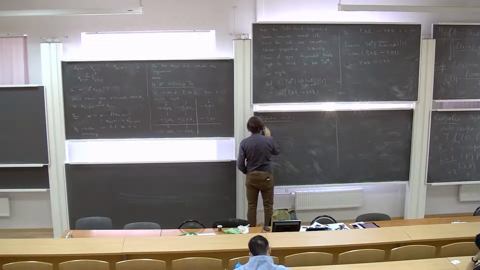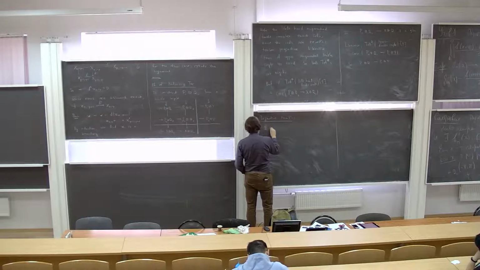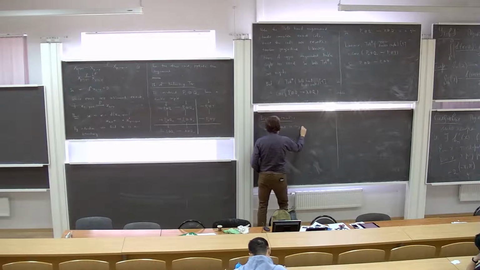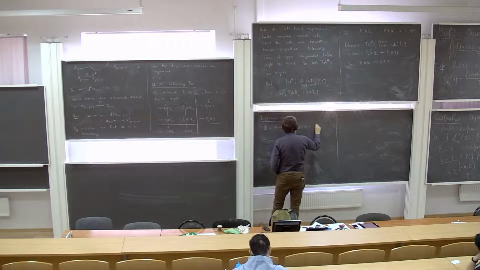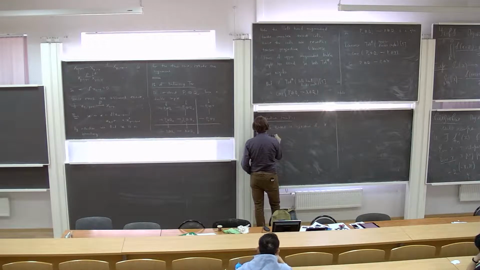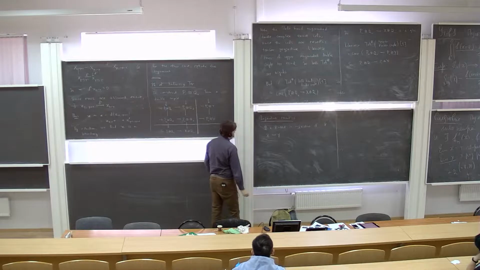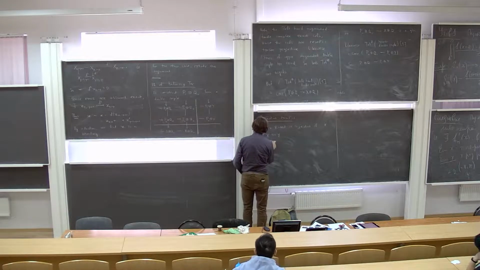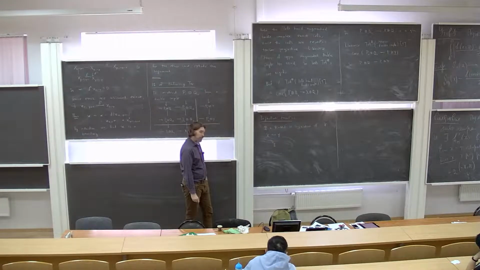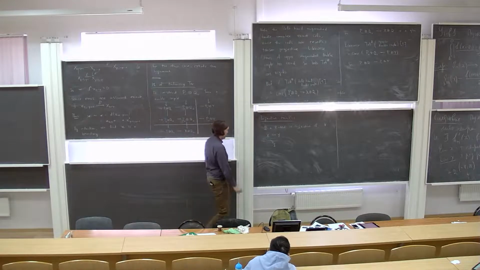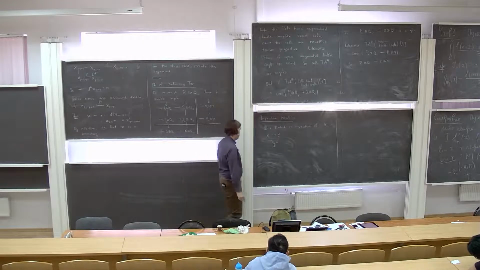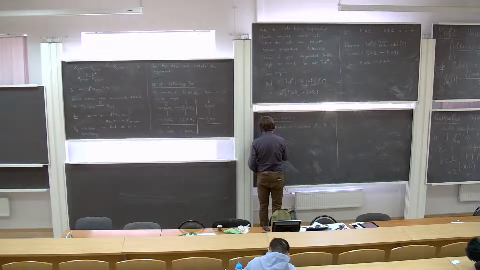A module I in R-mod is injective if for all inclusions X into Y, and maps from X into I, we can extend this map from X to Y. There exists an f tilde making this commute.